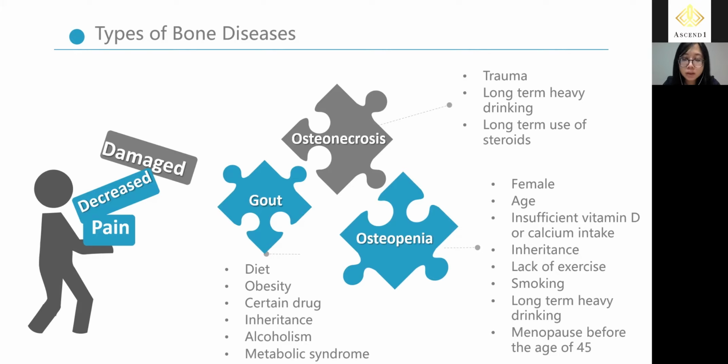And if the person, whether men or women, is not getting enough exercise when young or in middle age, always lacking exercise, and then having a poor diet, especially lacking calcium and vitamin D, and at the same time has smoking habits and drinks too much alcohol, all these factors will contribute to osteopenia.